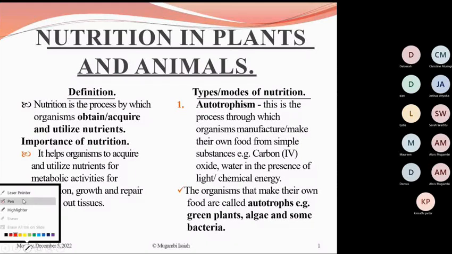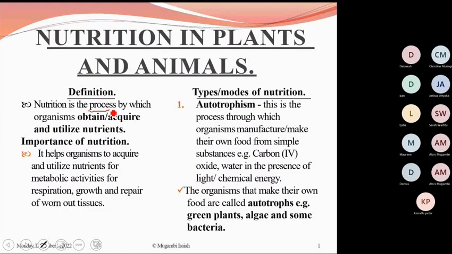The process is very key, by which organisms obtain or acquire and also utilize nutrients in their bodies, in plants and also in animals.